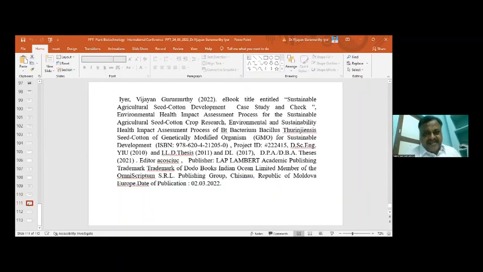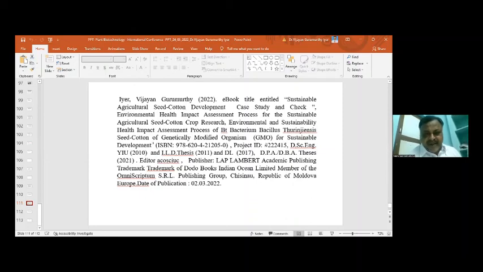And some of the publications are: Sustainable agricultural seed cotton development case study and check; Environmental health impact assessment process for the sustainable agricultural seed cotton crop research; Environmental and sustainability health impact assessment process of BT Bacterium, Bacillus thuringiensis, seed cotton of genetically modified organism, GMO, for sustainable development.